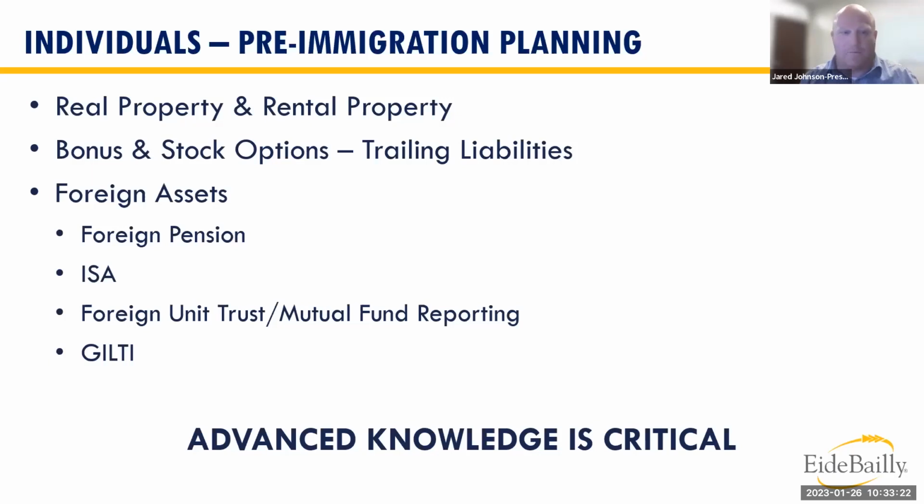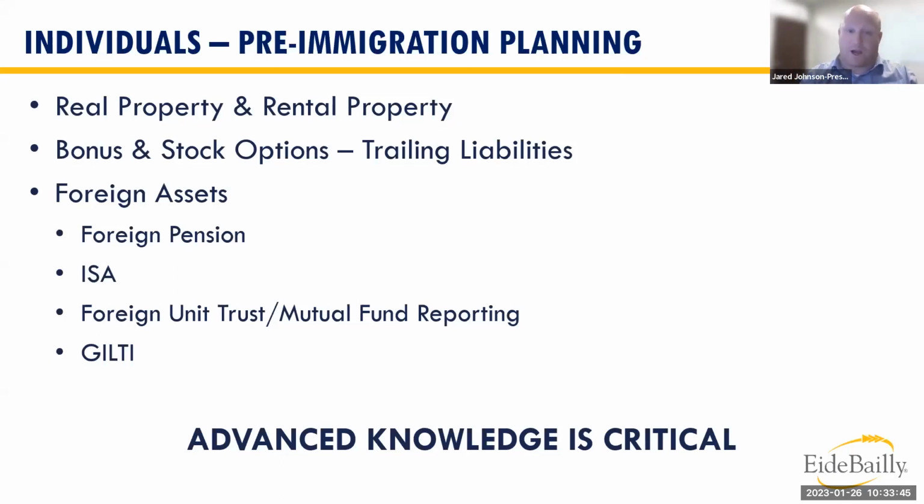Okay. We've already talked about some of the opportunities to plan around real estate and rental properties and the issues there. The other issue that you want to be aware of is bonuses and stock options. They create trailing liabilities on both sides of your assignment, coming to the US.